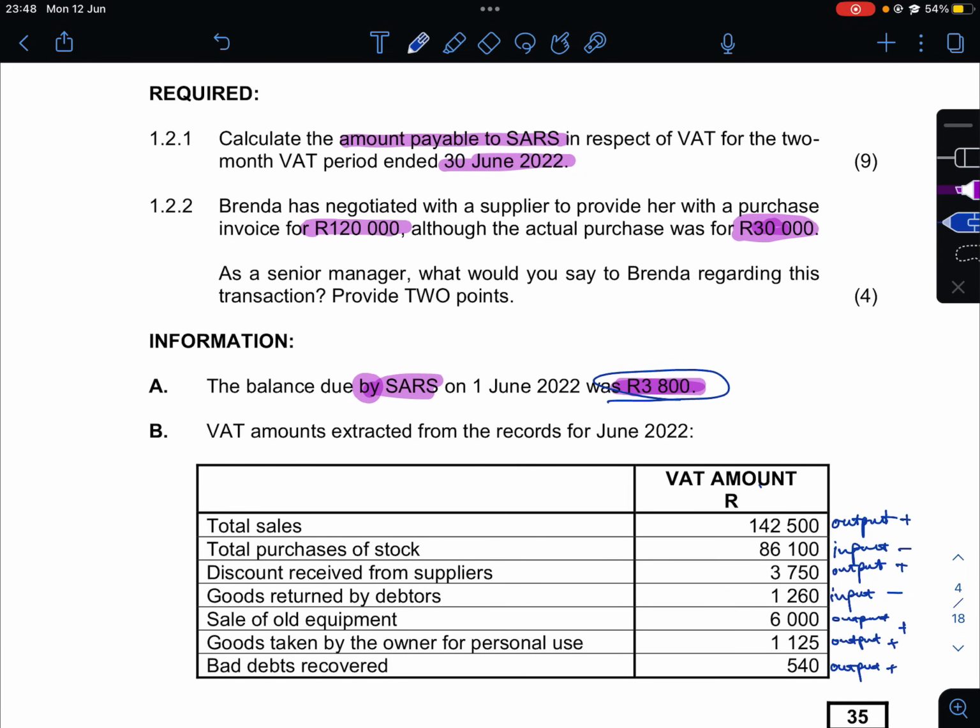If you calculate 15% of 120,000, of course it is greater than 15% of 30,000. So Brenda wants to claim more VAT from SARS, and this is an act of fraud.